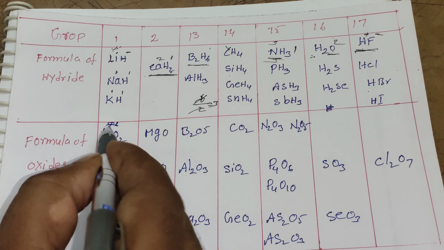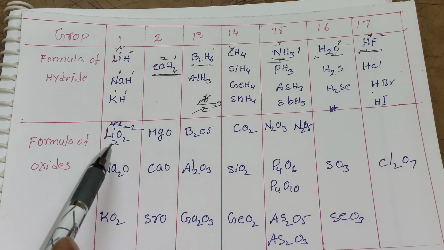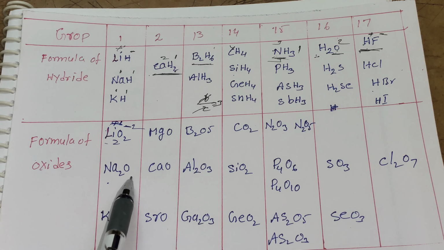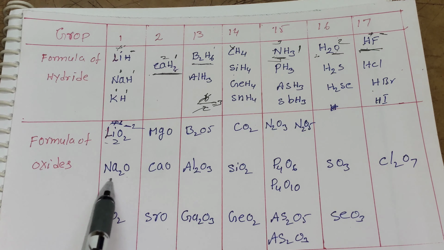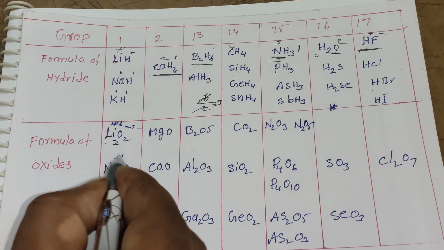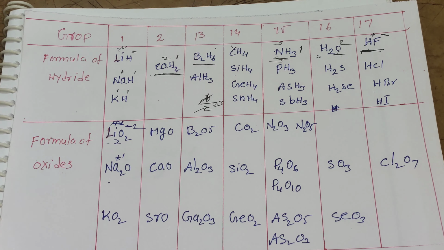Why? Because lithium valence is +1 and oxygen valence is -2. That's why 2 lithium ions are binding with 1 oxygen, whereas sodium reacts with oxygen to form Na2O, and here also the sodium valence is +1. That's why 2 sodiums react with oxygen to form sodium oxide.